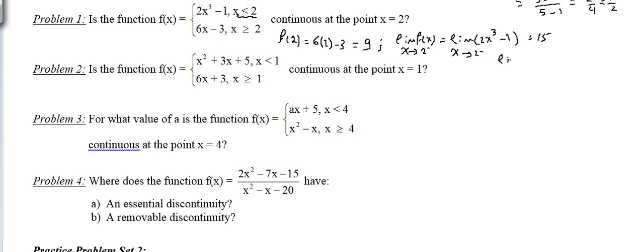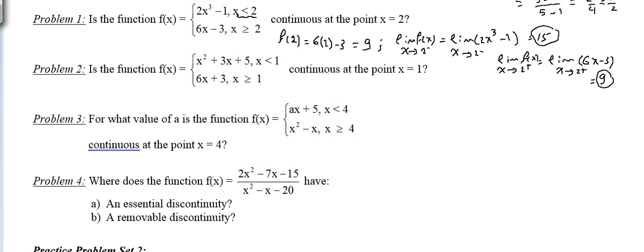The limit as x tends to 2 plus is the limit of 6x minus 3, 6 times 2, 12 minus 3, which is 9. So the limit does not exist here. We have two different answers, to the right and to the left, so the function is discontinuous at x equals 2.